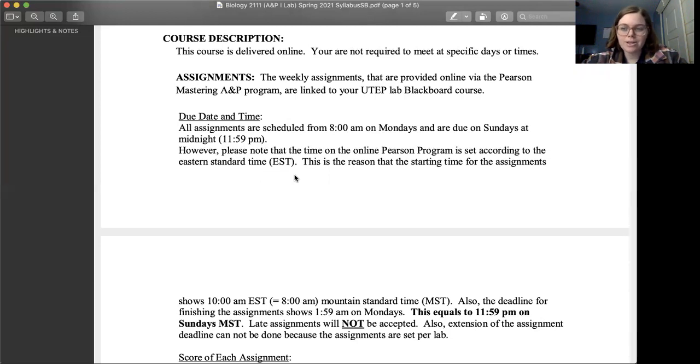Pearson automatically sets the time zone to Eastern Standard Time, but El Paso is in Mountain Standard Time, so this is midnight El Paso, right?